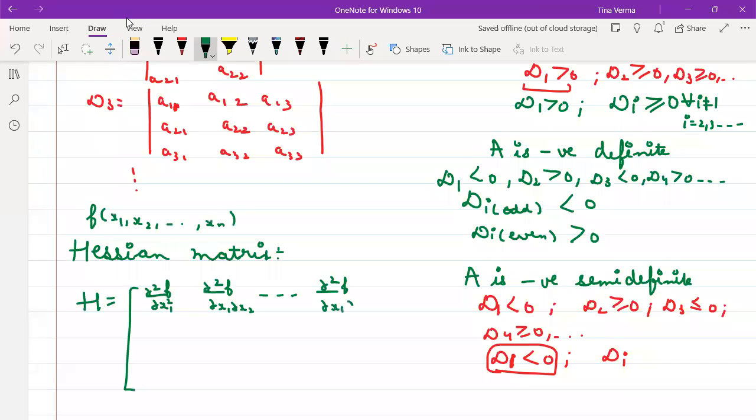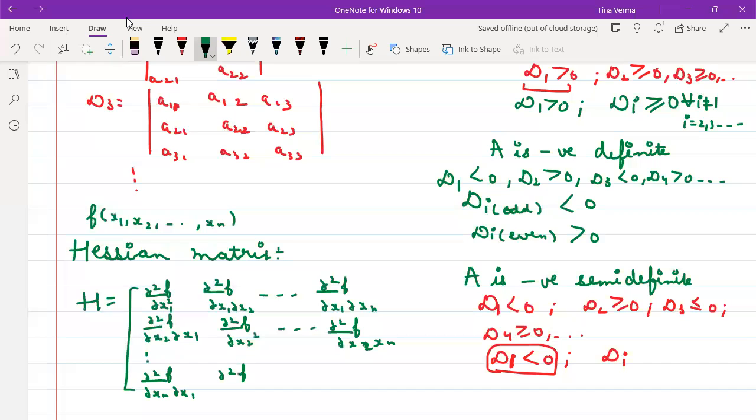∂²f/∂x1∂xn, then ∂²f/∂x2∂x1, ∂²f/∂x2², ∂²f/∂x2∂xn, and so on. You will have ∂²f/∂xn∂x1, ∂²f/∂xn∂x2, up to ∂²f/∂xn².